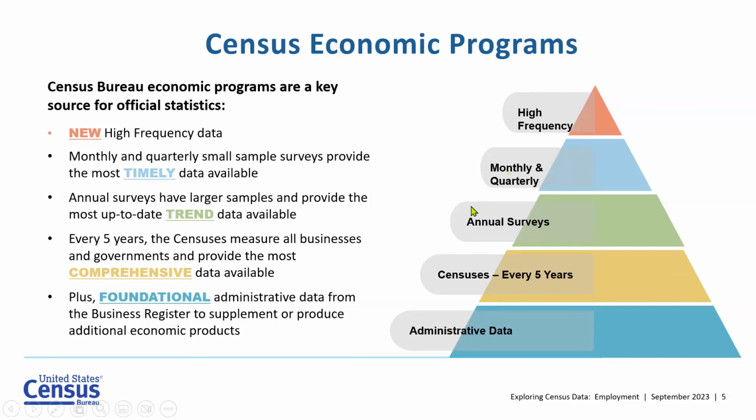Sliding down another level to the annual surveys, these are surveys that provide data for nearly every sector of the economy. Data from these programs are useful for analyzing trends. Then we have the economic census that takes place every 5 years. This is our most comprehensive data source for business data. Finally, at the base of the pyramid are administrative data that serves as the foundation for our statistics.